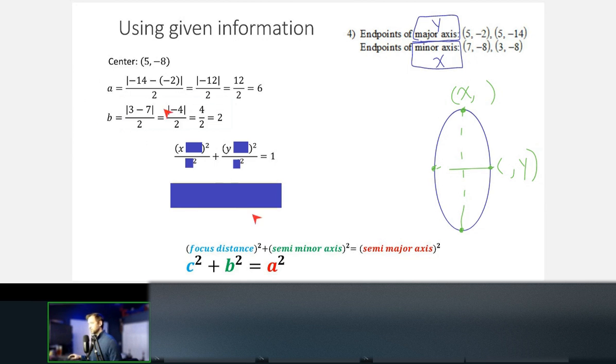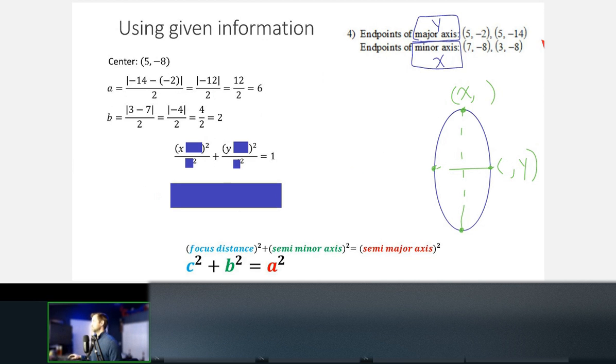That's why my work shows 3 minus 7 being -4, and the absolute value of -4 is +4, and then 4 divided by 2 is 2. Because remember, A and B are the semi-major and semi-minor lengths, not the entire distance, okay? So again, A and B are half of the respective lengths.